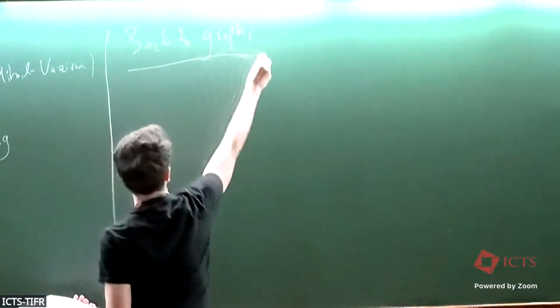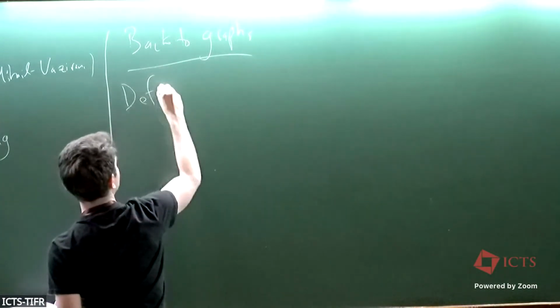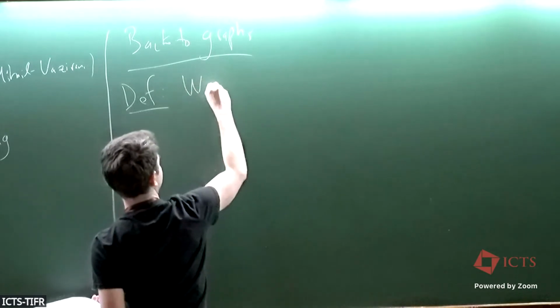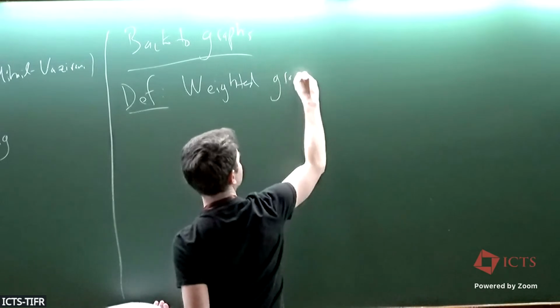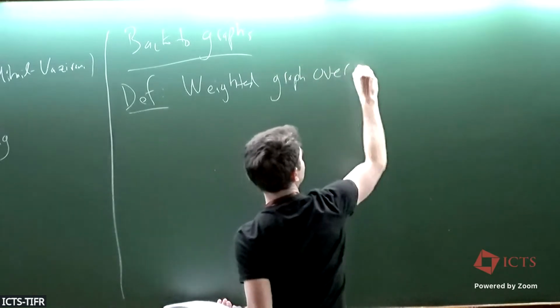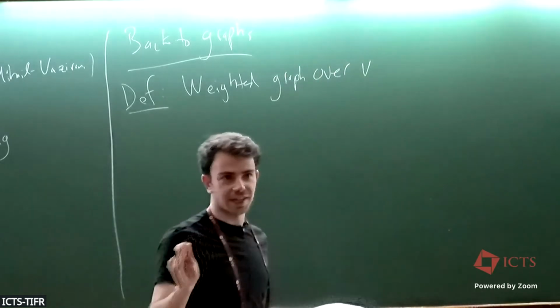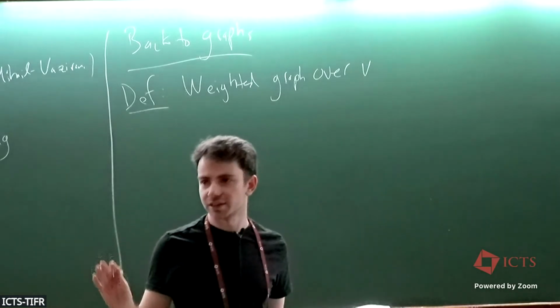Okay, so, definition: a weighted graph over vertex set [n]. I'm always going to have the vertex set be the numbers 1 through n for simplicity.